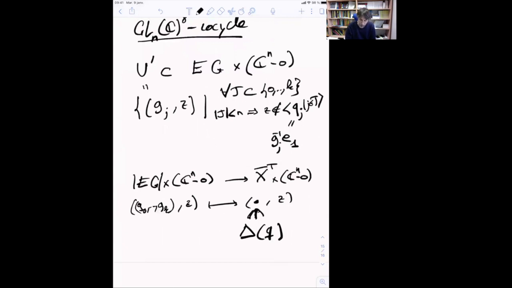And delta of Q, where Q is G0 minus 1 E1, etc., Gk minus 1 E1.